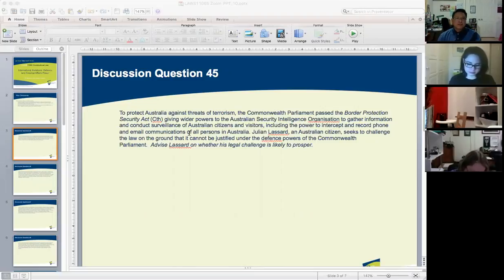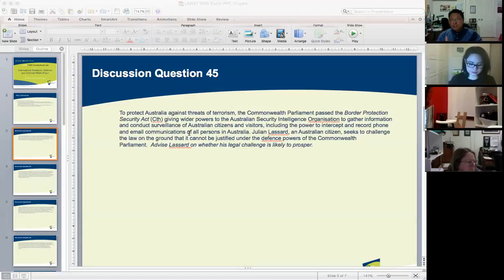That is because it is already recognized in Australia, especially in the case of Australian Capital Television Proprietary Limited versus Commonwealth, that we live in a representative parliamentary democracy where, notwithstanding the absence of a Bill of Rights, certain constitutional rights and freedoms are impliedly recognized. And the court, specifically in the case of Adelaide Company of Jehovah's Witnesses versus the Commonwealth, again emphasized that it would not tolerate legislation which is arbitrary, capricious, and oppressive.